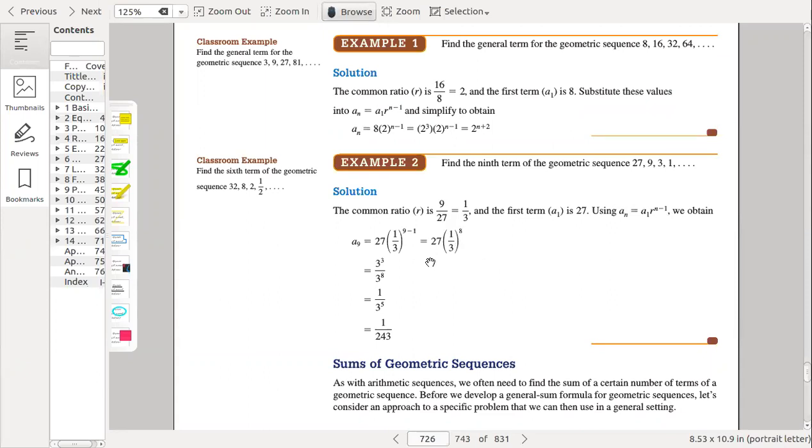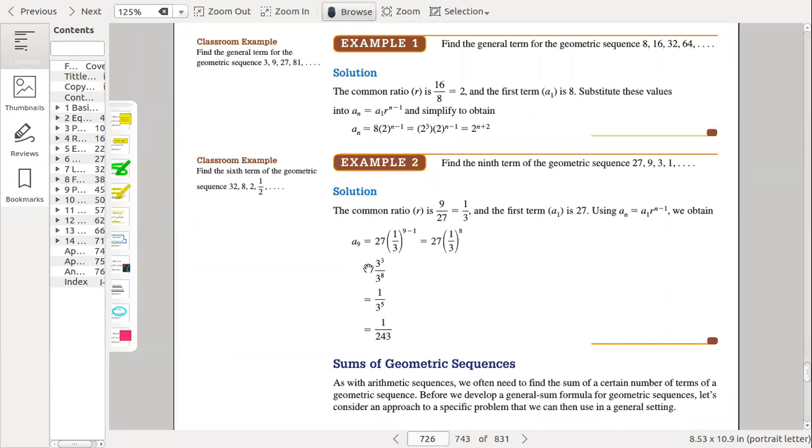Then you can write it in this way. 27 can be written as 3 power 3, and then this 3 will be written as 3 power 8.